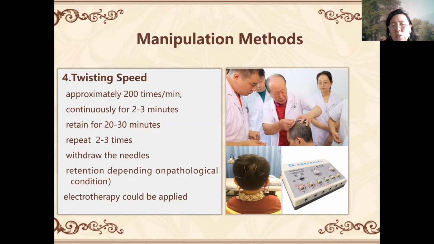We leave the needles on the scalp of the patient for at least 4 to 6 hours. And after a while, we still stimulate the needle, using the same twisting speed, just to enhance the treating result.